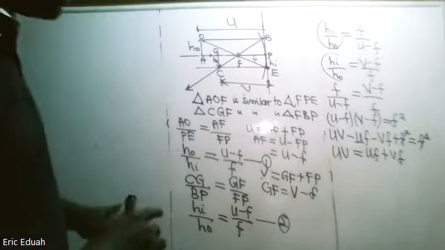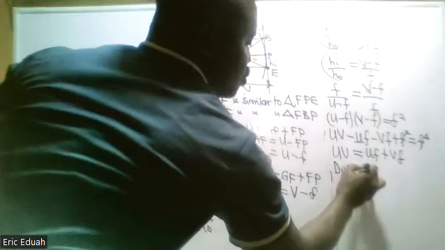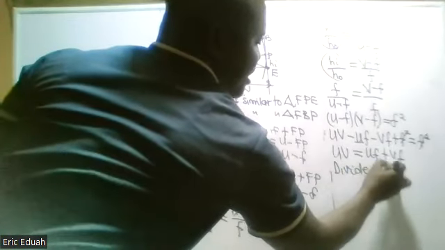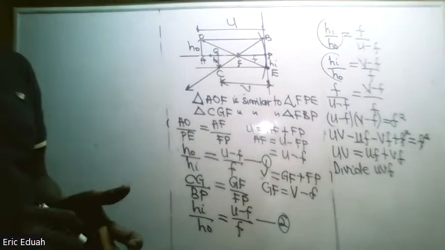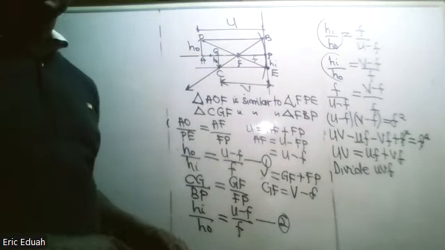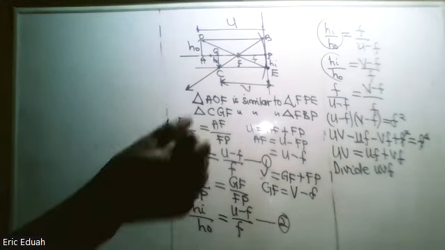All right. Then divide through by UVF. When you divide through by UVF, that is when you can get the mirror equation. That's why we are dividing through by that.